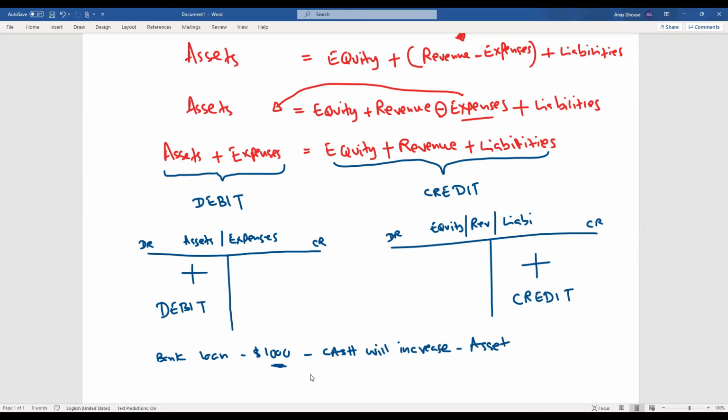In the meantime, the liability towards the bank will increase, which means the bank loan is a liability. So on one side, the asset, the cash balance, increases. On the other side, the liability towards the bank increases.